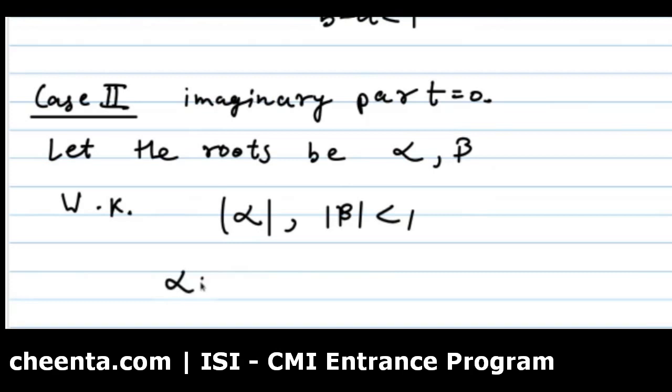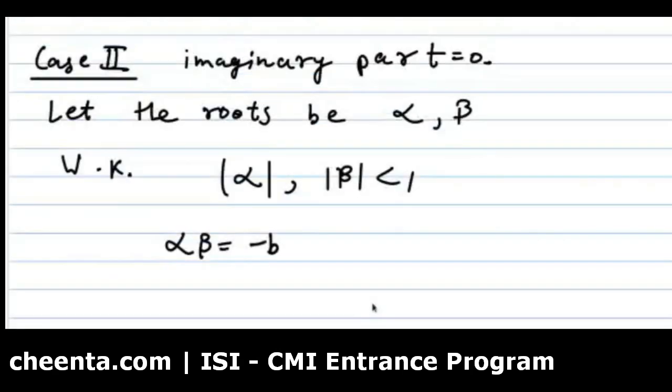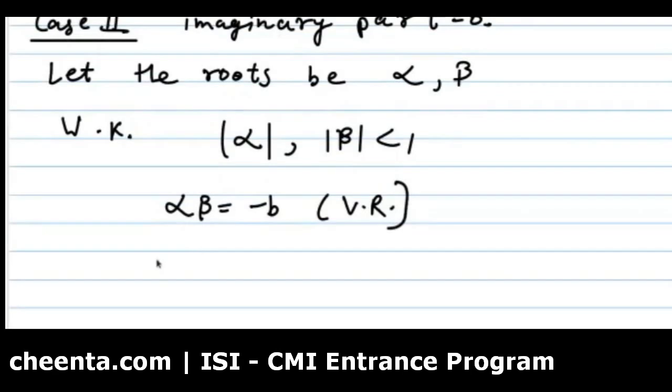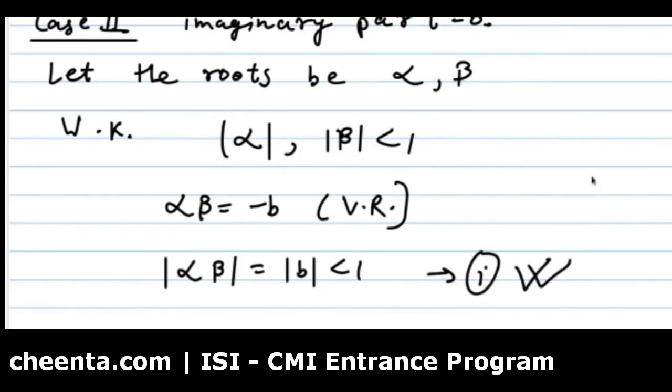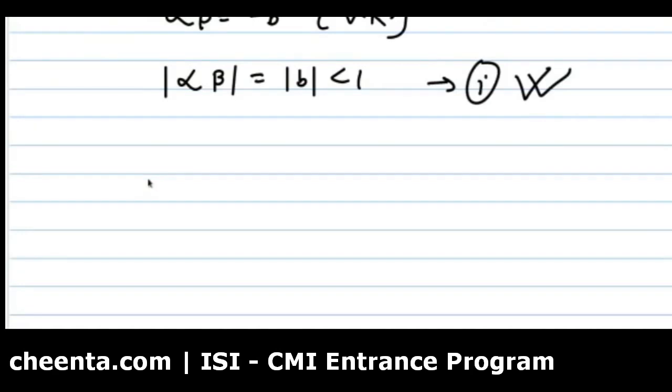We also know that alpha beta equals minus b by Vieta's relations. So from here it's pretty trivial that mod alpha beta equals mod b less than 1. So 1 is done.